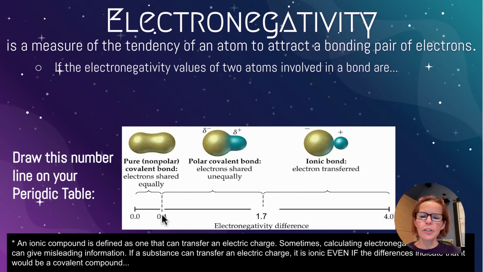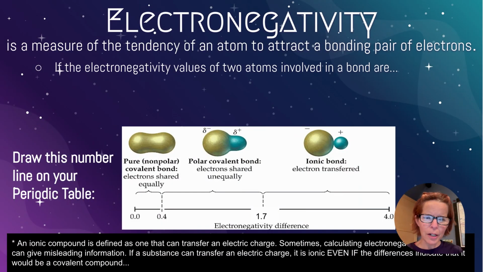In this middle section between 0.4 and 1.7, I want you to write polar covalent, electrons shared unequally. And then in the last section, write ionic bond. And this is where we're not sharing electrons anymore, where we're actually transferring electrons. One electron is handed to a different atom, and that different atom accepts the electron.